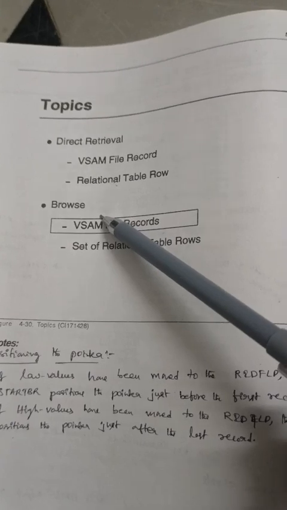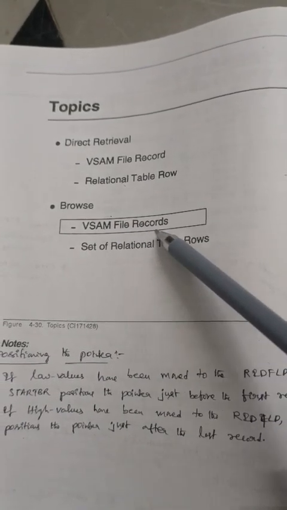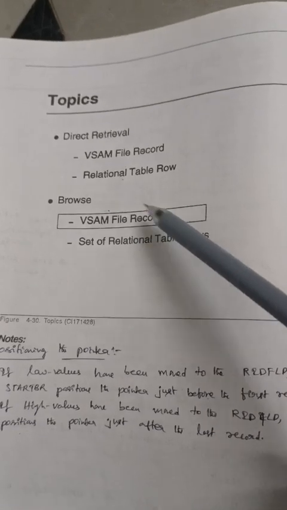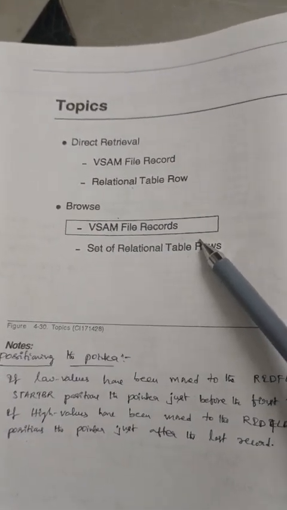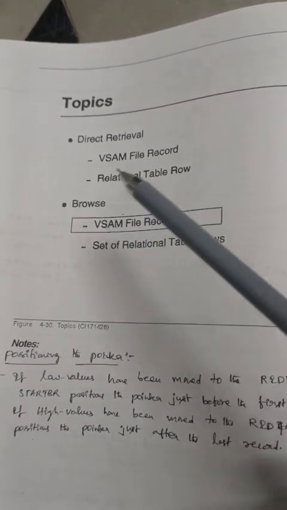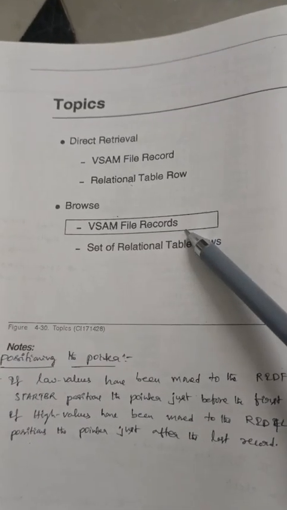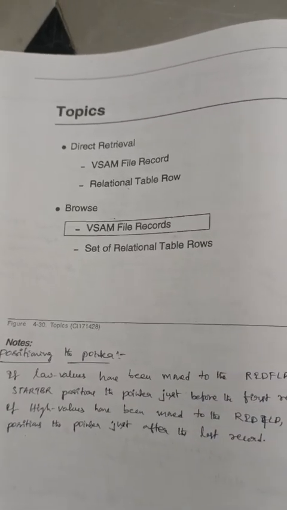In the next video we will see how to retrieve VSAM file records using the browse option. Similar to DB2 having the cursor option, we will see how to retrieve by using browse. We'll let you know how to retrieve using VSAM also. We have a browsing option, with different concepts.